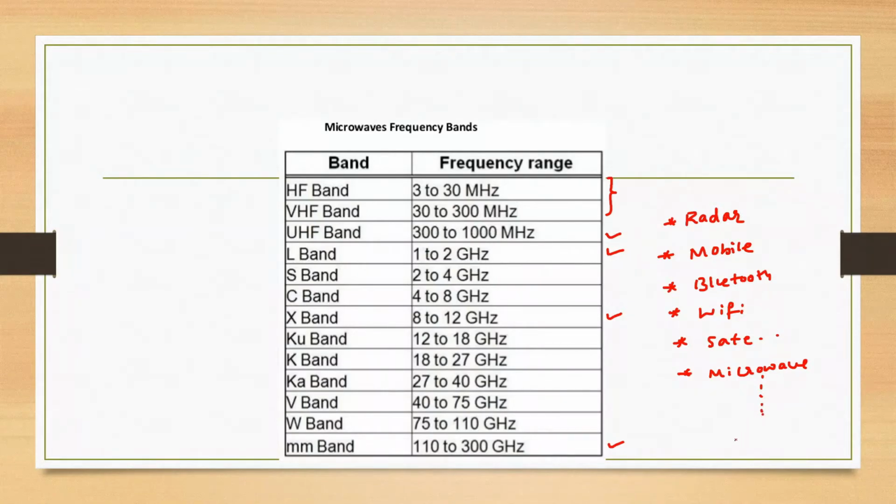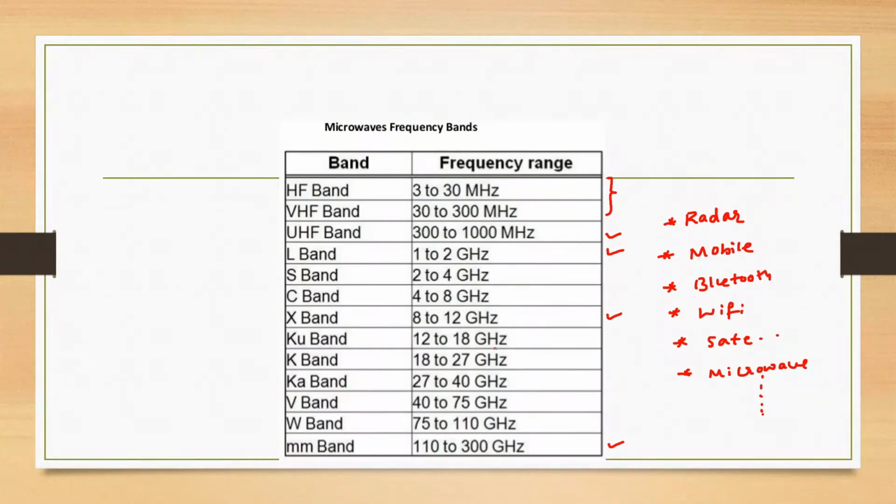We can list hundreds and thousands of applications like this for microwave frequencies. That's why in this particular experiment we are going to see the generation of microwave signals, the propagation of these signals through waveguide and other different components, and then the measurement of different parameters of the generated microwave signal. So that is the flow we have.